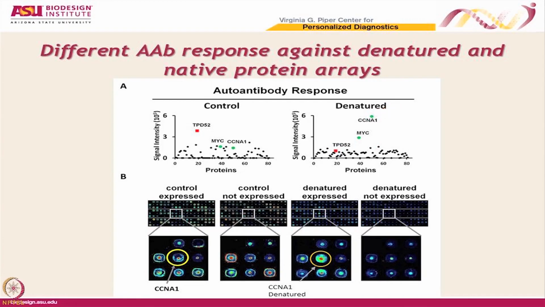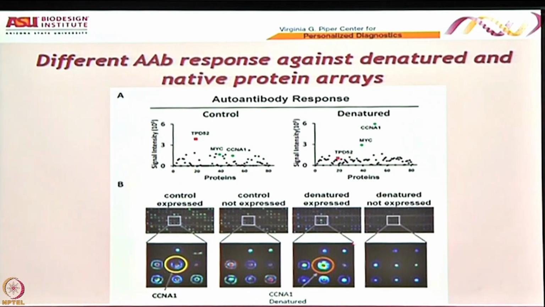So that patient's serum response was different depending on whether they were folded or whether they were not folded proteins. I think you can see that response here, binding to the denatured protein, whereas you don't see it so strong in this one here. Okay? Any questions on that part?